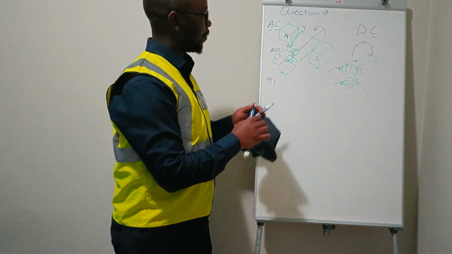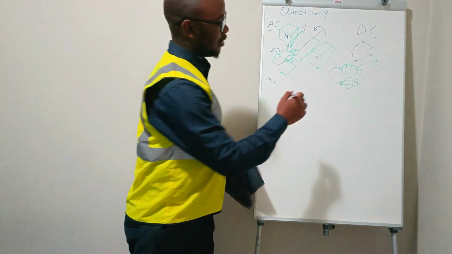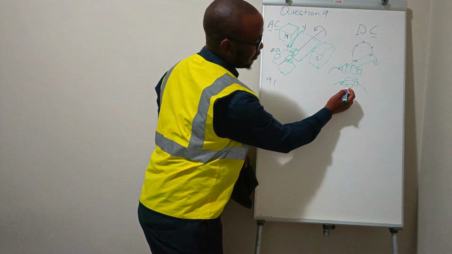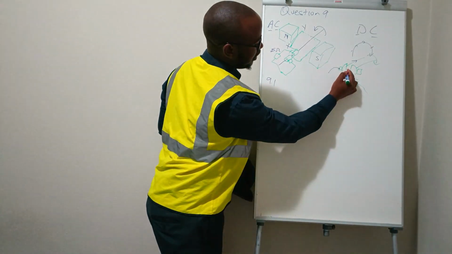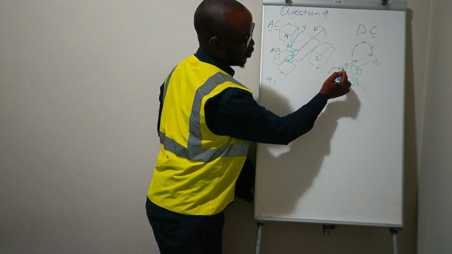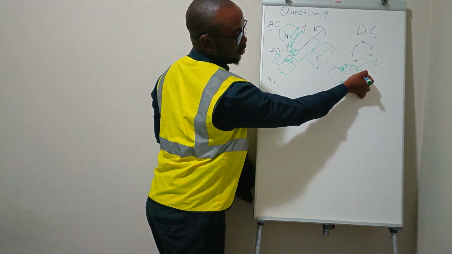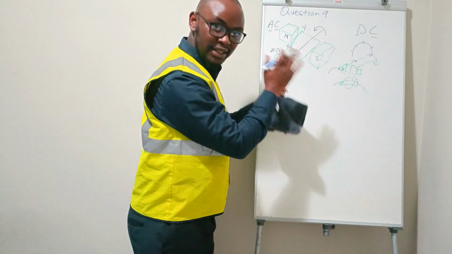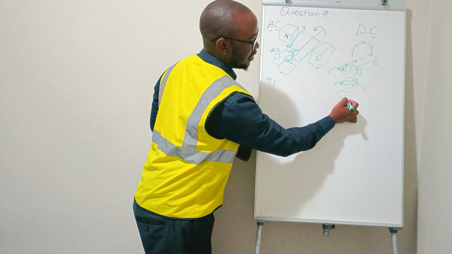But now, when we talk of an AC or an alternating current, it means that there must be some sort of way of not detaching or removing this component, or this split ring, from this side and going to the other side. We must keep it there. So what we use is what we call a slip ring.